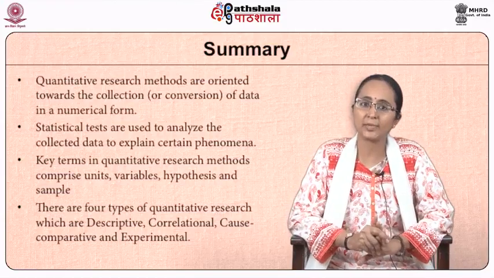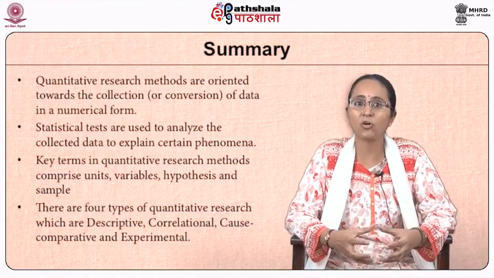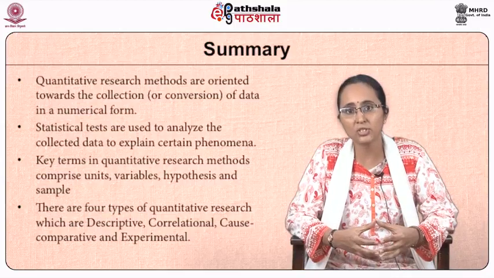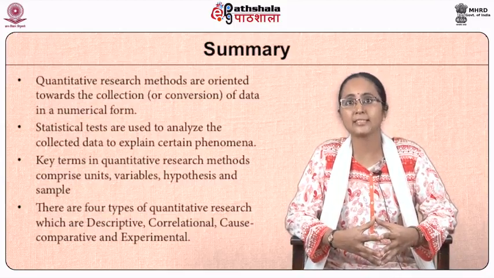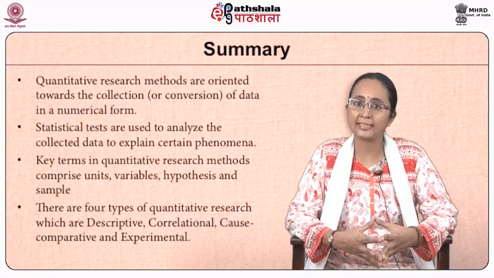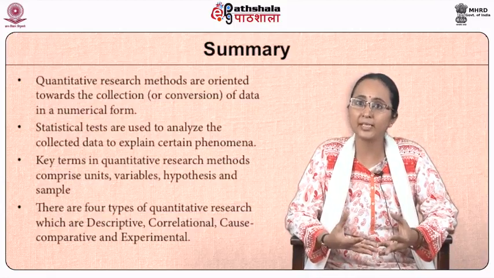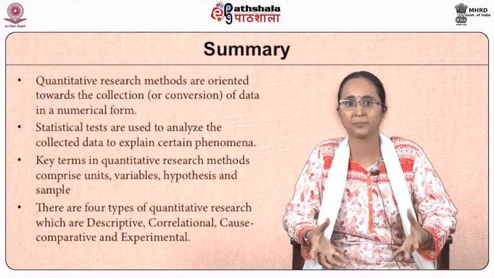Now, we have completed an orientation to quantitative research and we will summarize the key findings. Quantitative research methods are mainly for collection or conversion of data in numeric forms. Statistical tests are used to analyze the data and to explain the phenomena that you are studying.